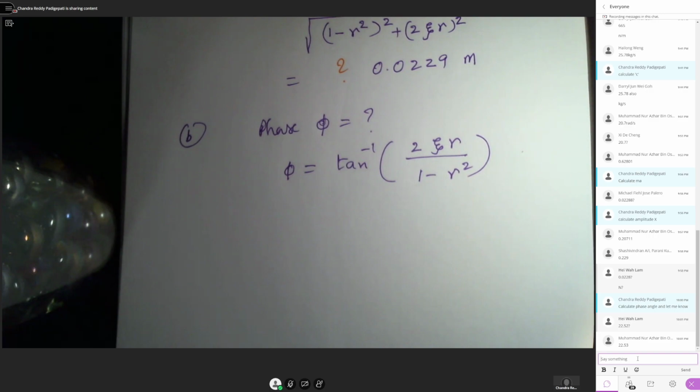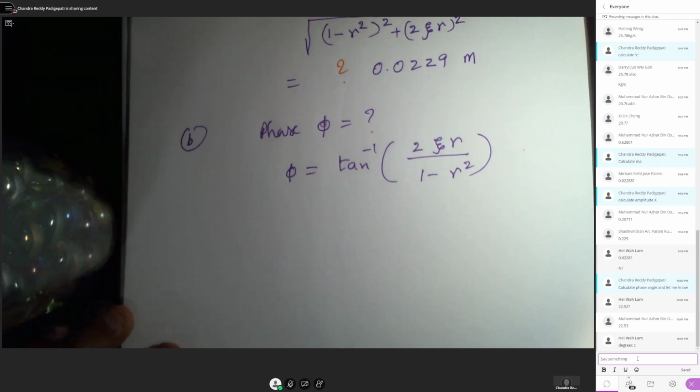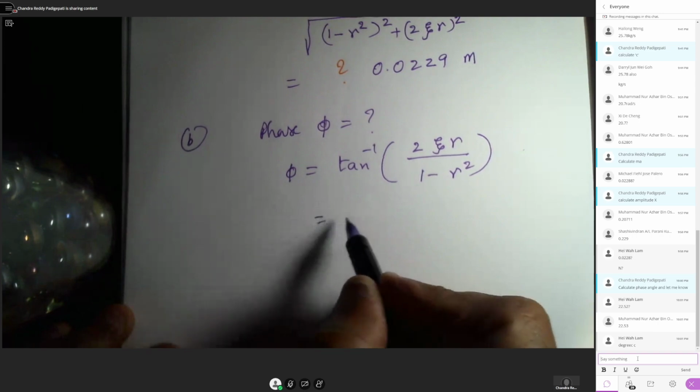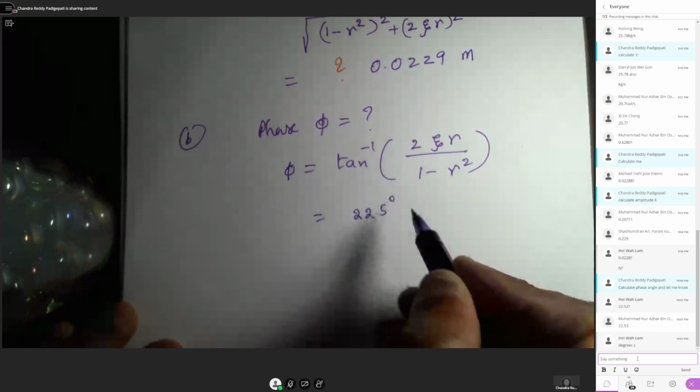Yeah, the degrees you can say. So it will be 22.5 degrees.